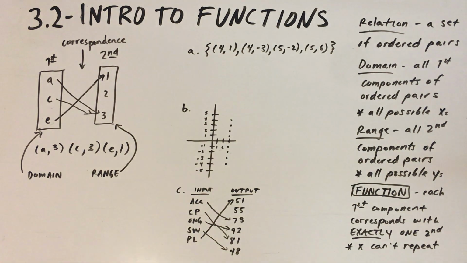Okay, and we can say the domain is all of the first values. So on that first example with the ordered pairs (-3, -1), (1, 1), (2, 3), and (3, -2), the domain would be -3, 1, 2, and 3. The range would be the -1, 1, 3, and -2, and so on.